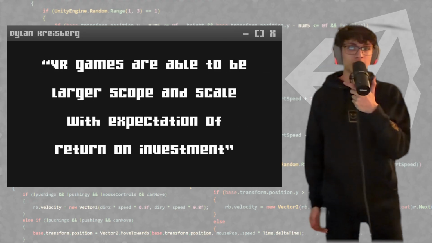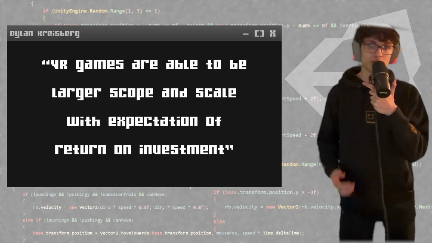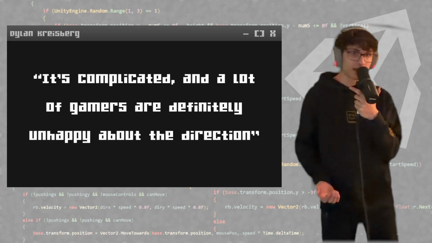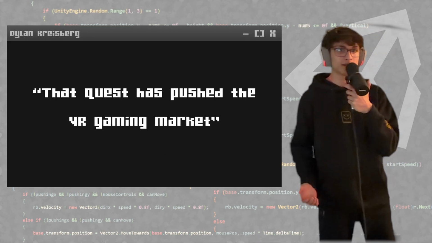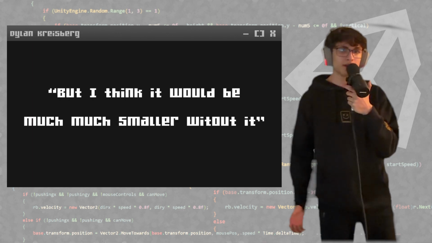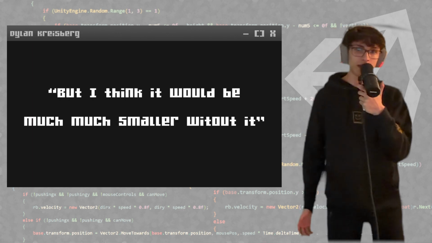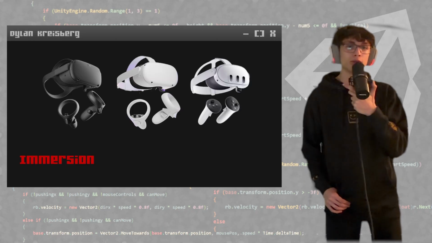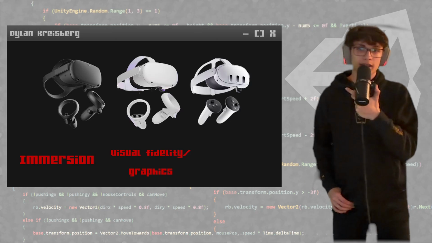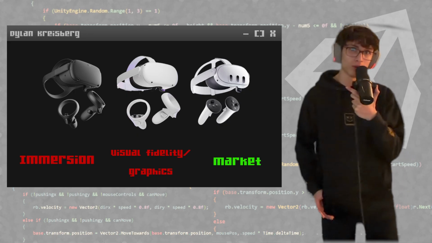VR games are able to be larger scope and scale with expectation of return on investment. It's complicated, and a lot of gamers are definitely unhappy about the direction that Quest has pushed the VR gaming market, but I think it would be much, much smaller without it. So yes, while these standalone headsets do limit some potential for immersion and visual fidelity, they expand the market for VR games as a whole.